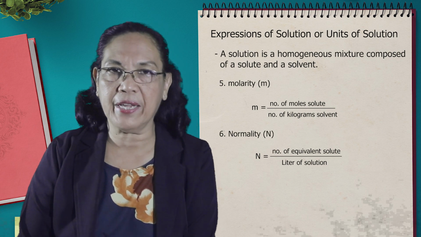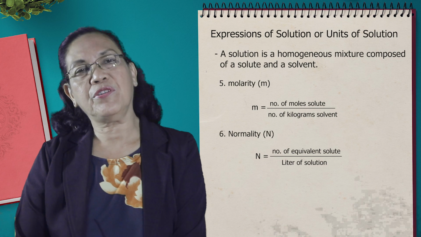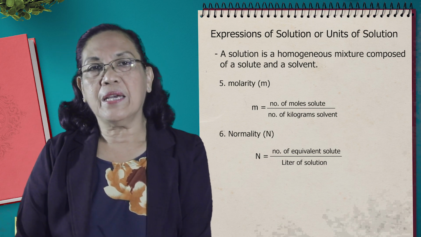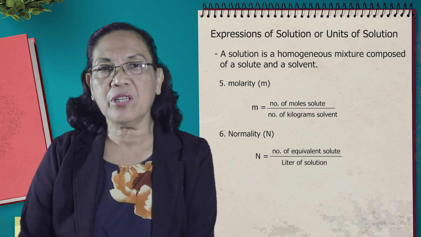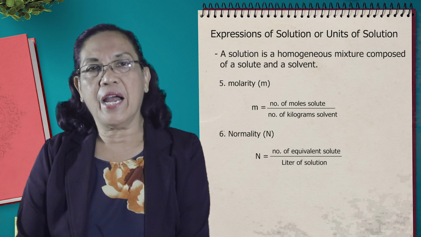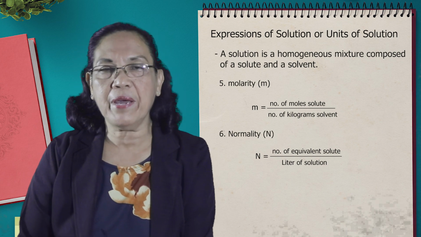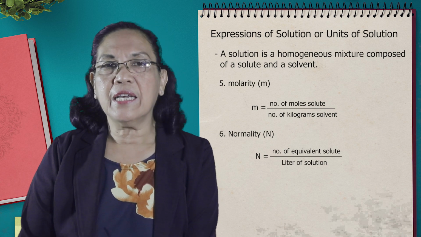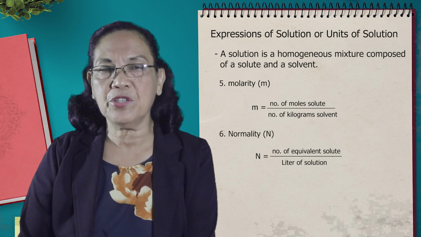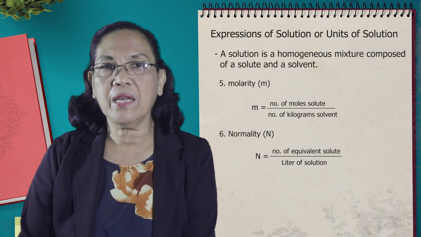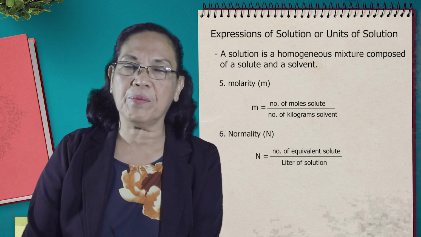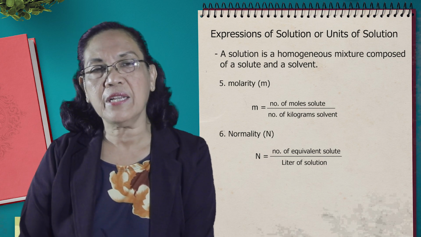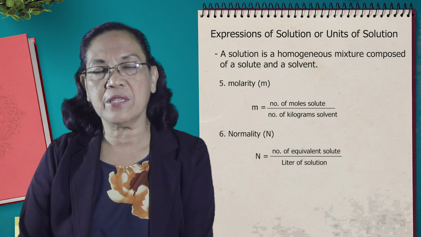But what if your solute is a base? It is also the same, but this time we are going to consider the number of hydroxyl ions found in the base. For example, for sodium hydroxide, the equivalent will be the molecular mass of sodium hydroxide divided by 1 because there is only one hydroxyl ion in sodium hydroxide.